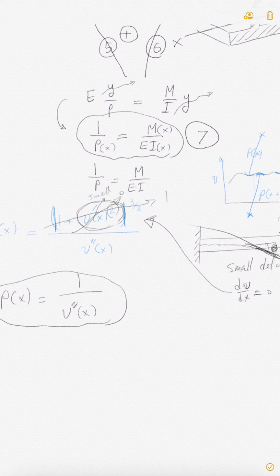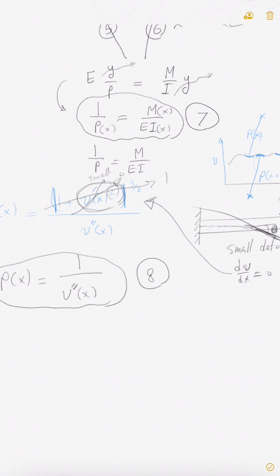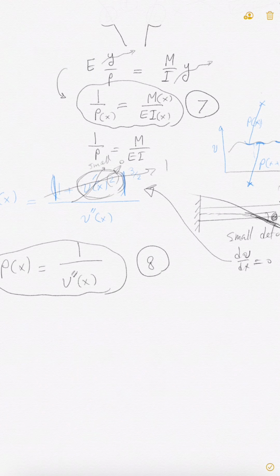Now let's do the very final thing, this equation 8. So many equations I derived. Now finally we reach the beautiful part. Let's substitute 8 in 7. What do I get? I get 1 over rho of x, which is, according to 8, 1 over the second derivative of v of x.